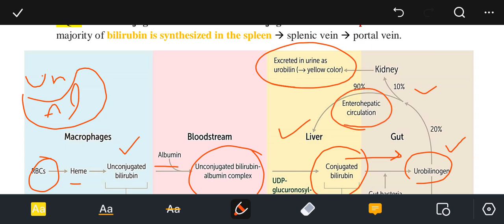It comes back to the liver, is again formed as conjugated bilirubin, and then again released into the circulation.